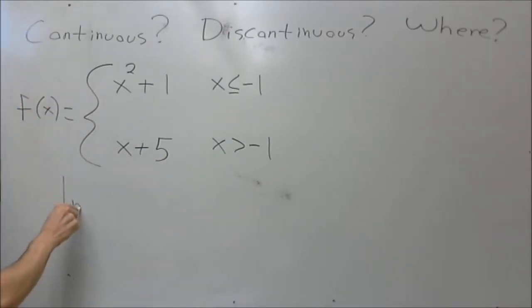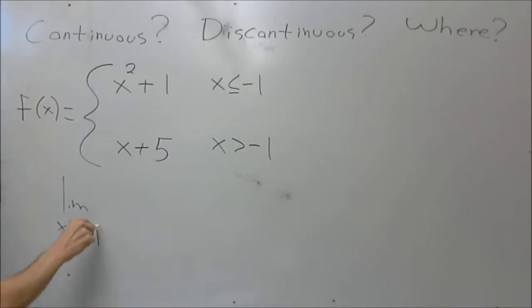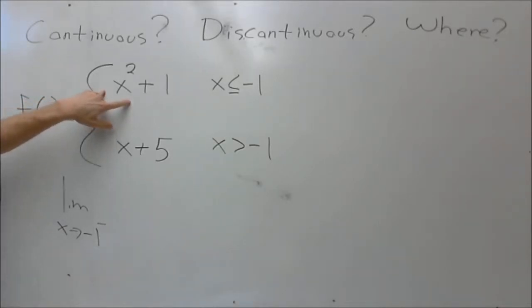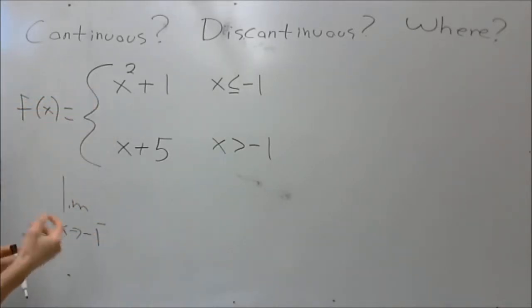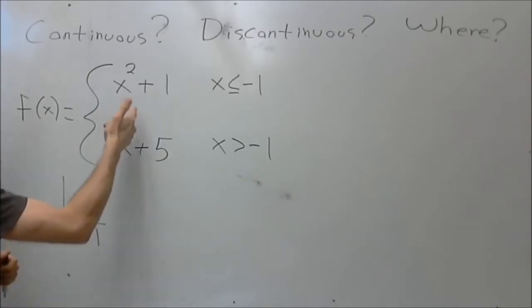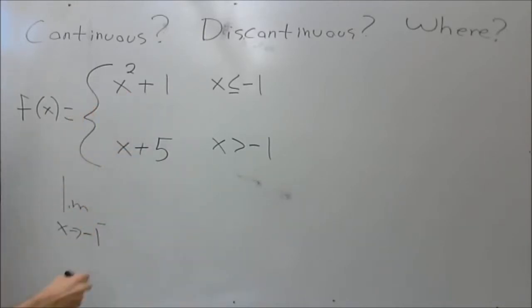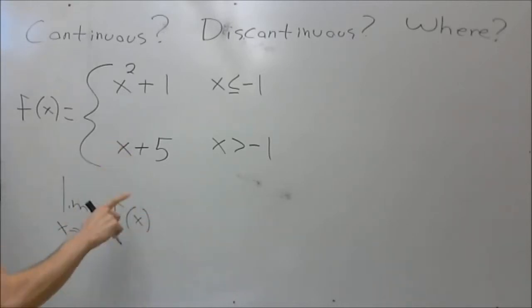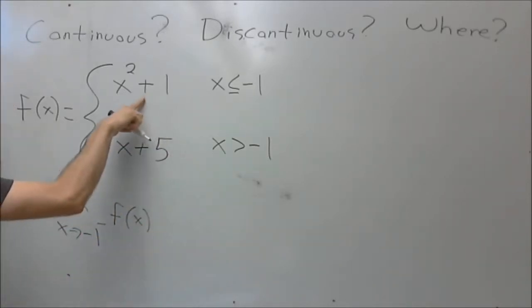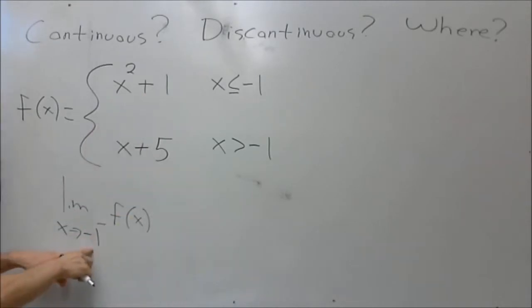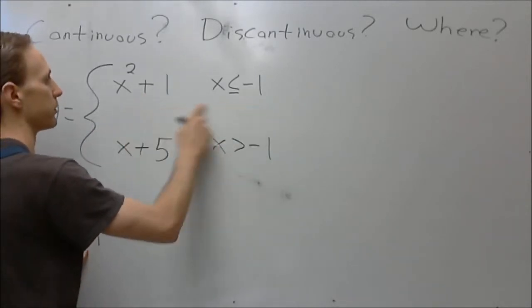We take the limit as x approaches negative 1 from the left. As x approaches negative 1 from the left, the function is acting like this. Basically all we have to do is plug minus 1 in and see what the answer is. So as x approaches minus 1 for this function from the left, we use this piece, because x being less than minus 1 falls into this conditional.